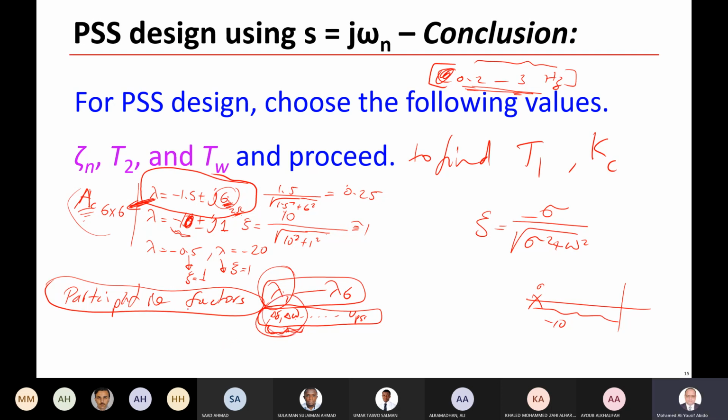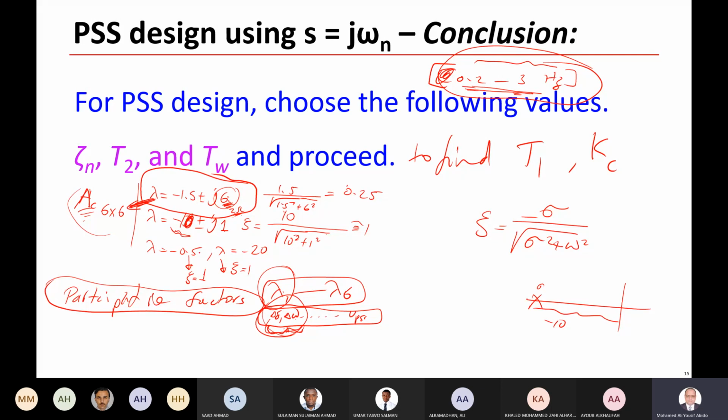You can do this through these methods, or of course with the single machine infinite bus we can do it by inspection. By inspection you can highlight which mode is related to the swing equation. As we mentioned, this is the guideline, and the frequency is between 0.2 and 3 hertz.